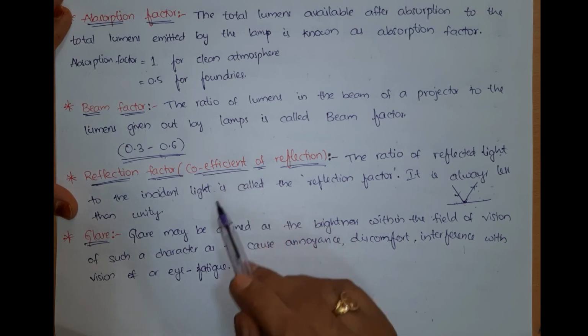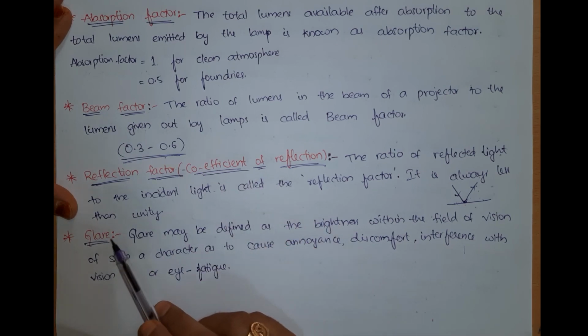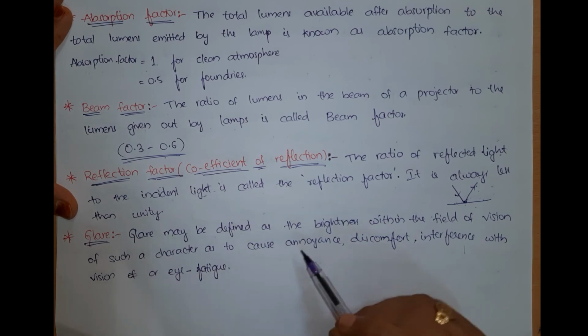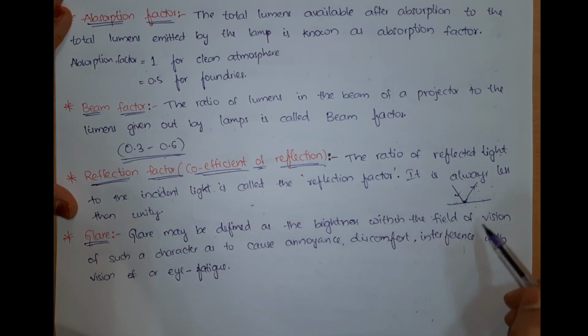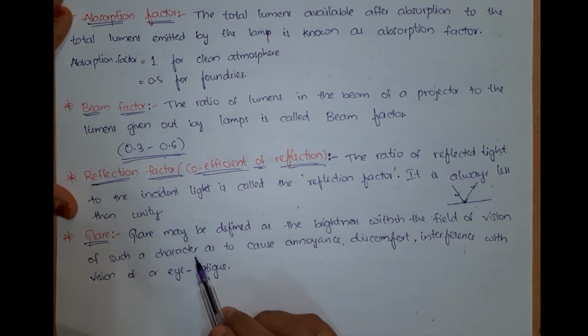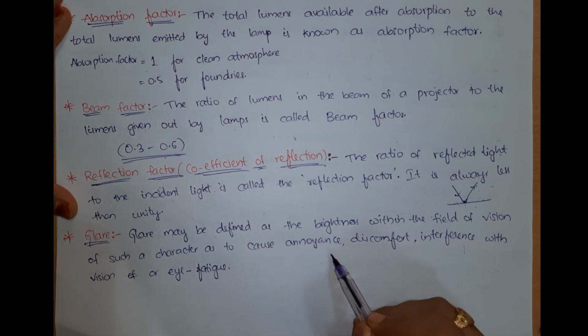Next, let us see what is glare. Glare is defined as a brightness within the field of vision of such a character as to cause annoyance, discomfort, interference with the vision or eye fatigue.